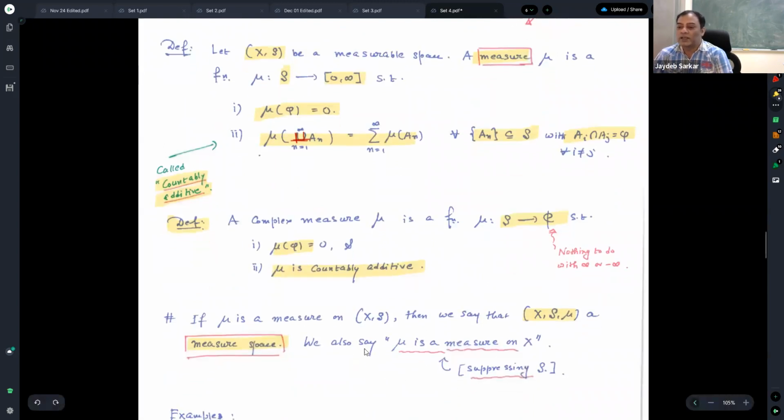Sometimes we just say that mu is a measure on X. So when someone says that mu is a measure on X, what you should understand? You should understand two things. First, there is a set X. Of course, X is there, which will be stated, but you must understand there is a sigma algebra there, and mu is a measure function defined on the sigma algebra. Okay, so is the definition clear?